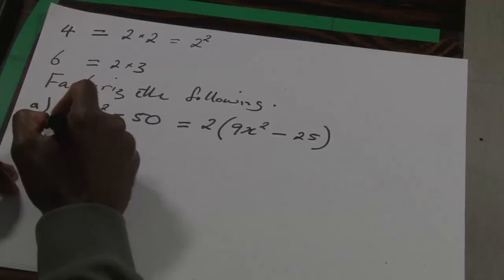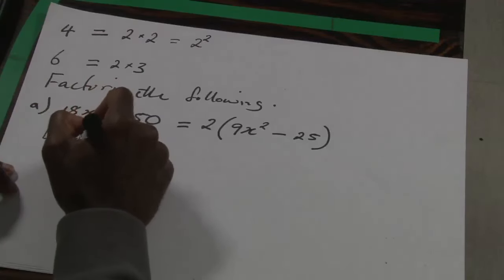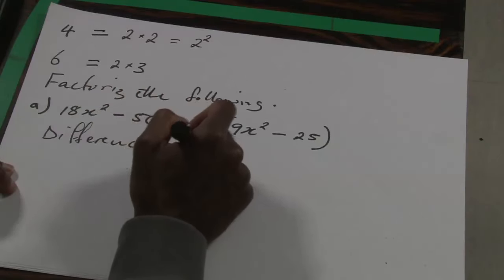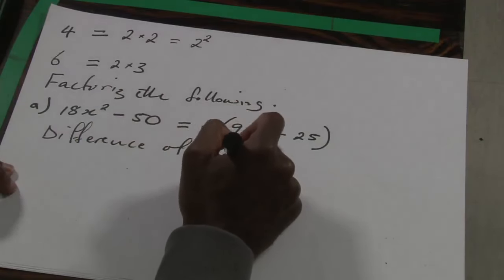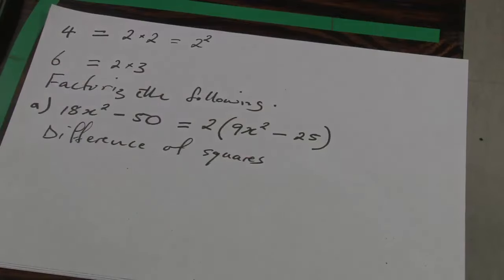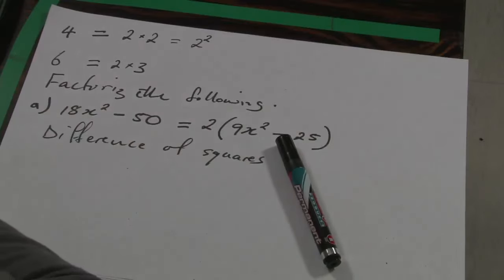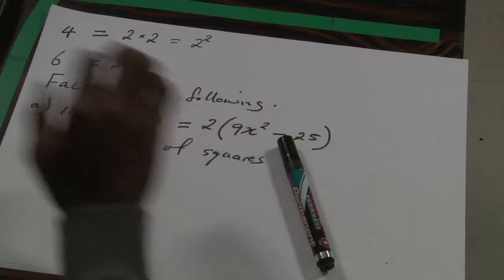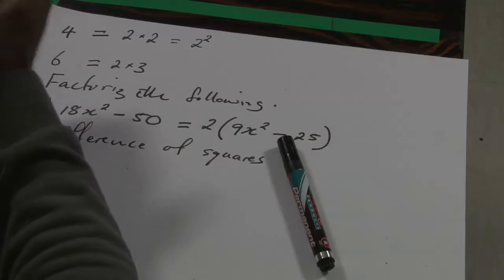And as we said, maybe I should just write it here, difference of squares. The reason I'm saying this is because for most students in the previous assignment, they stopped here. They could not realize that this term between the brackets can be factorized further.